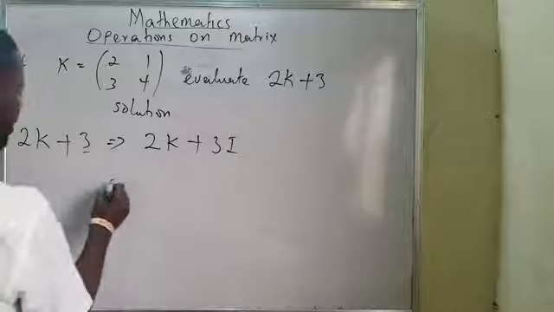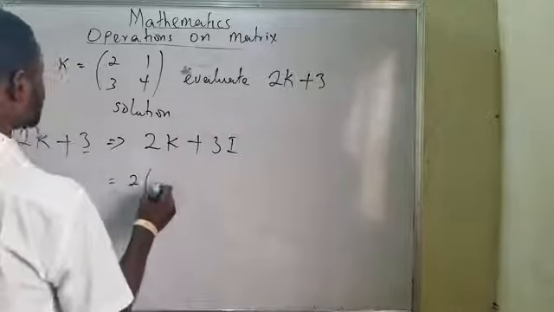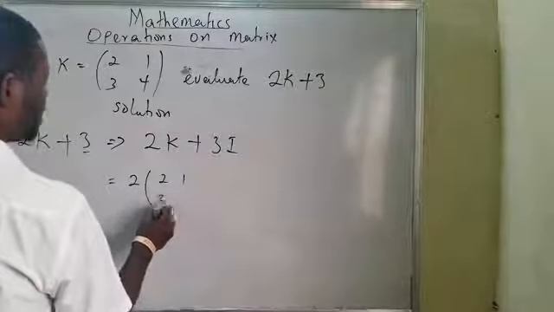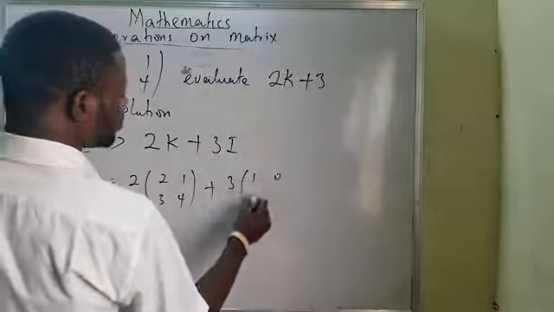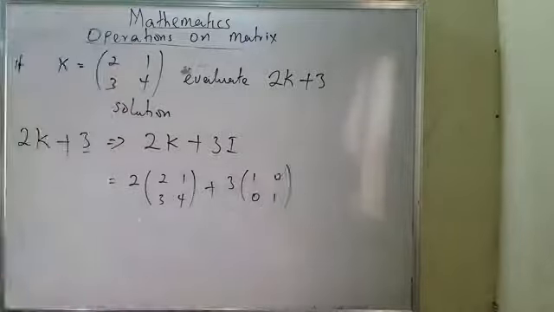The solution will now be equal to 2 bracket of 2, 1, 3, 4, plus 3 bracket of 1, 0, 0, 1. Can you see? By doing this, no problem.